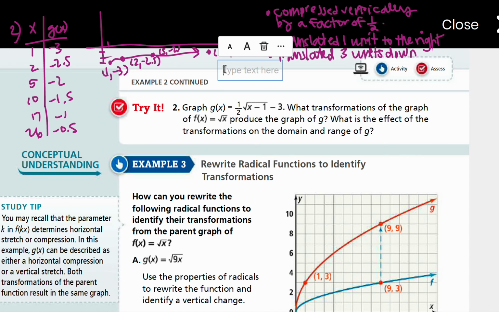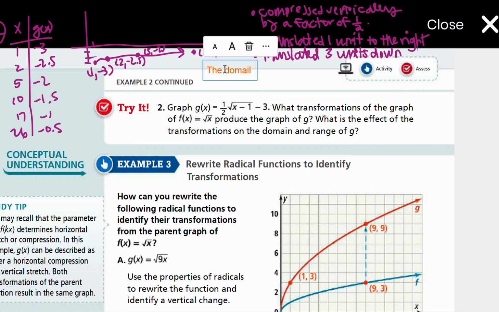The domain has been translated horizontally by 1 unit to x values greater than or equal to 1.